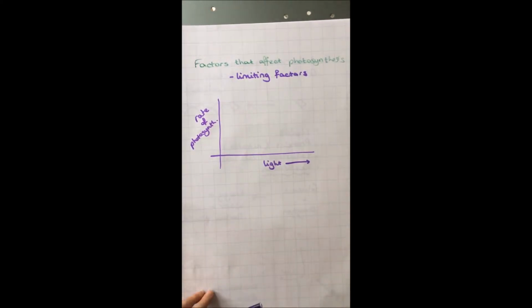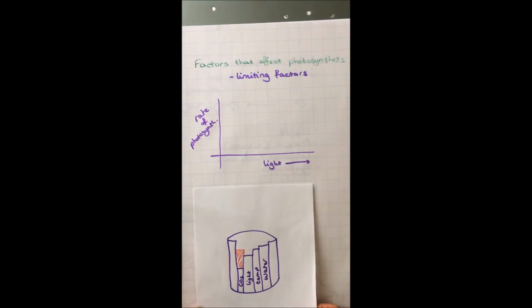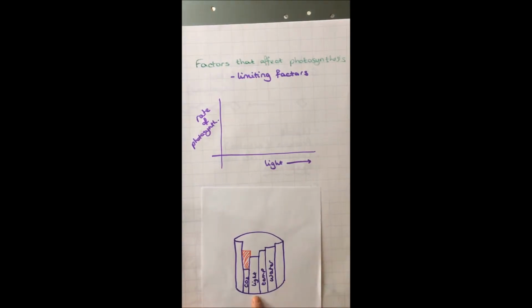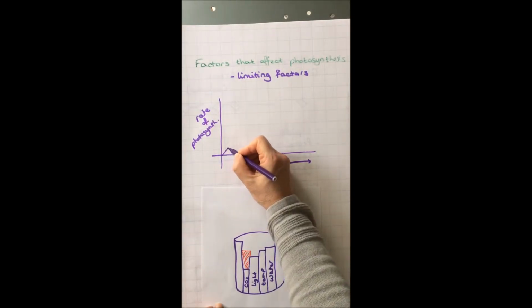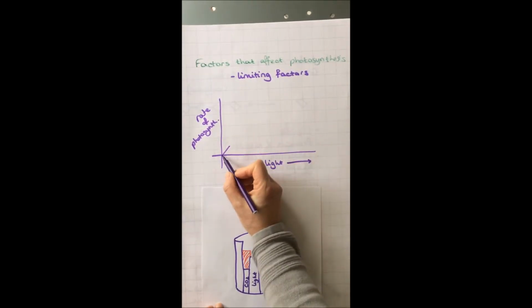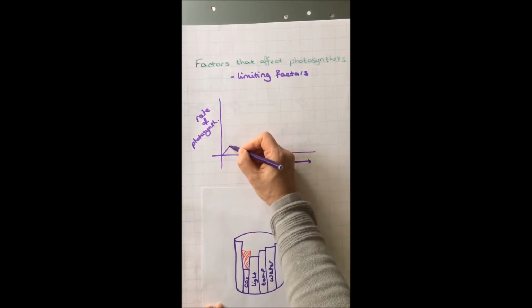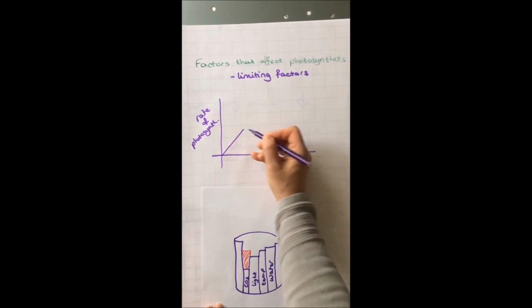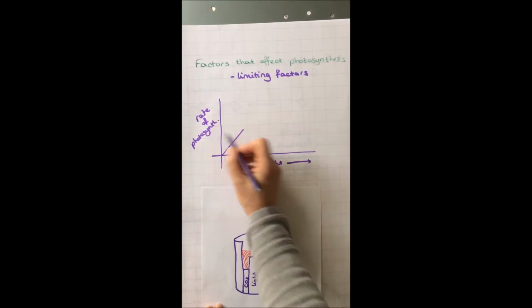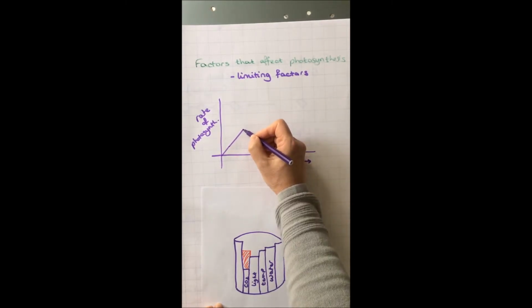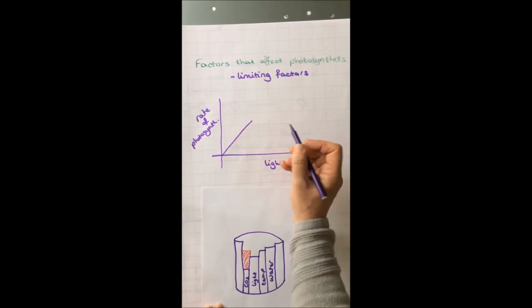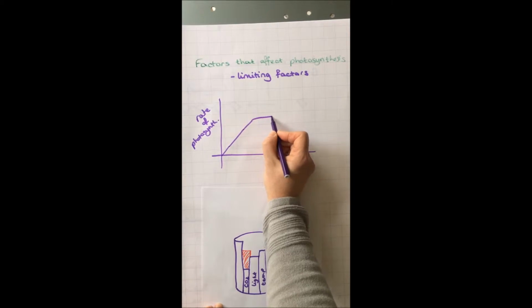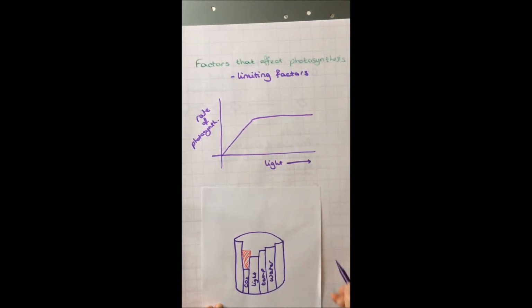As I increase light, my rate will increase. When it's dark, there's not going to be any photosynthesis, but as I increase the amount of light, the rate of photosynthesis increases, and it gets more and more until all of a sudden it levels off.